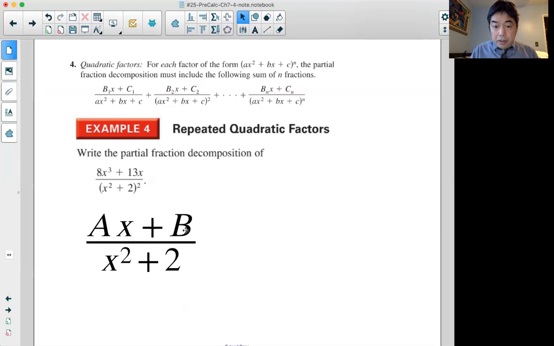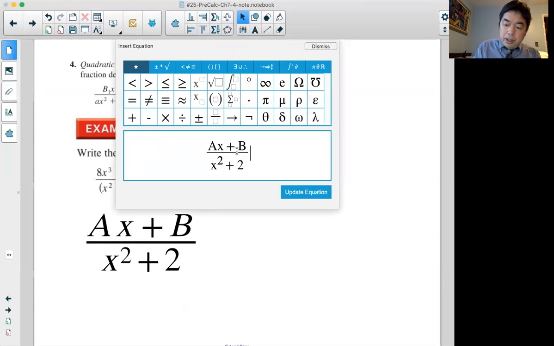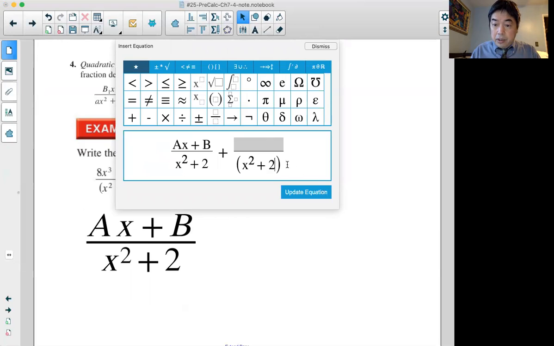Now you have to have another denominator. The next one has the exponent, so you write down x squared plus 2 to the second power here.